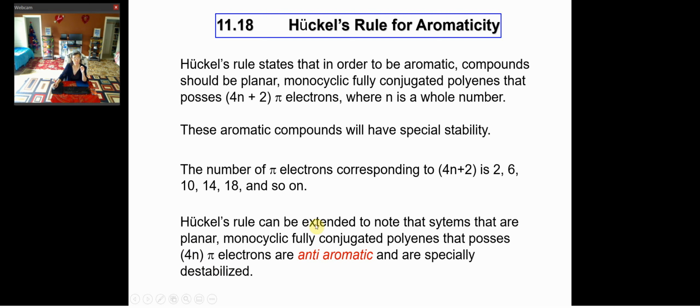This rule indicates anti-aromaticity. With anti-aromaticity, the molecule is going to be destabilized, while aromatic polyenes are specifically stabilized.